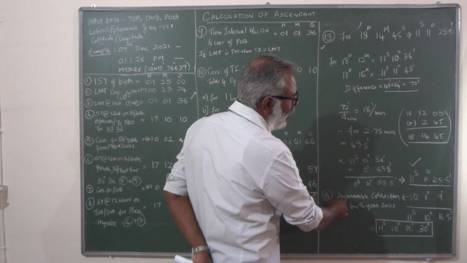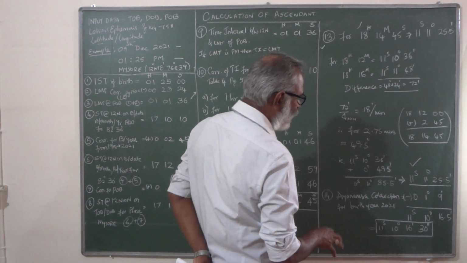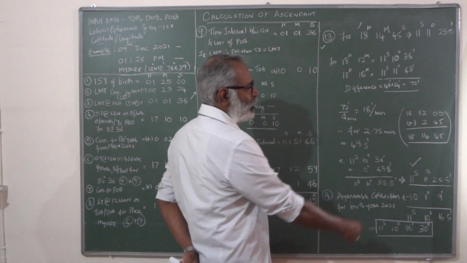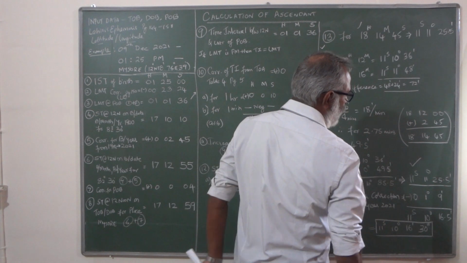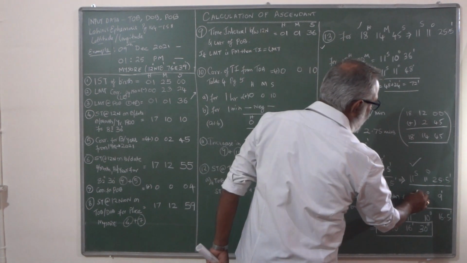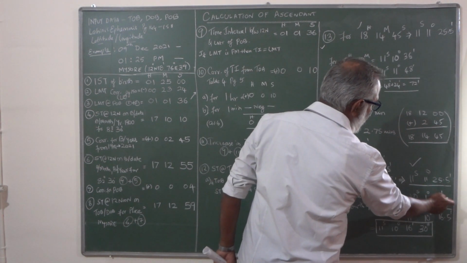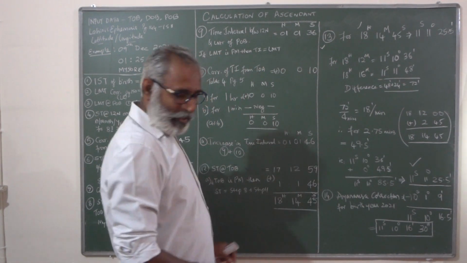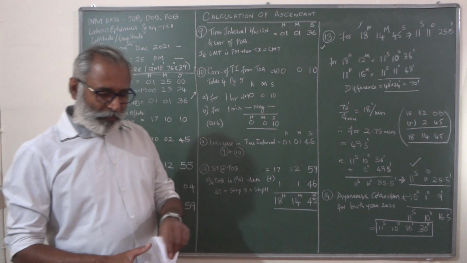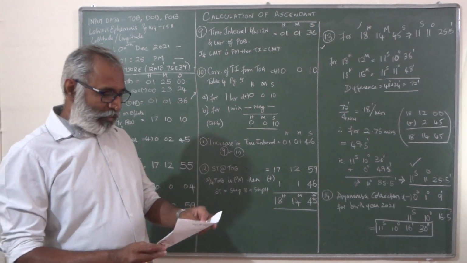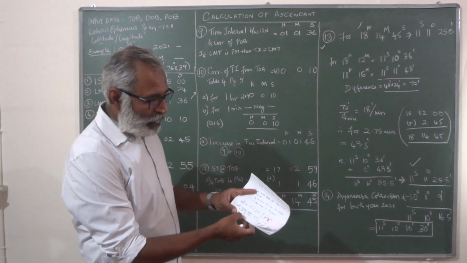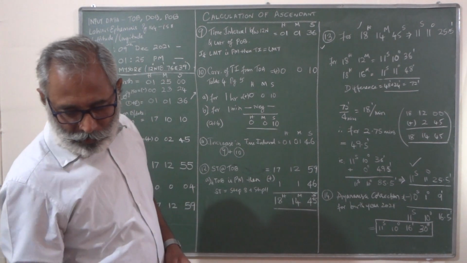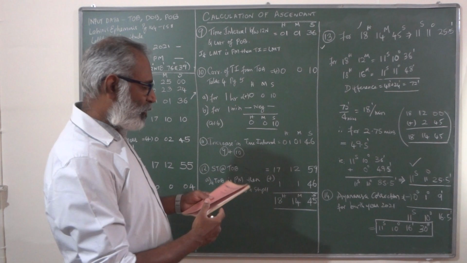So the Ainamsha correction as on date for birth year 2021 is 0s 1 degree and 9 minutes as on date. And this Ainamsha correction also you can see from a table. That table is Table of Ascendants, page number 6, in this book.